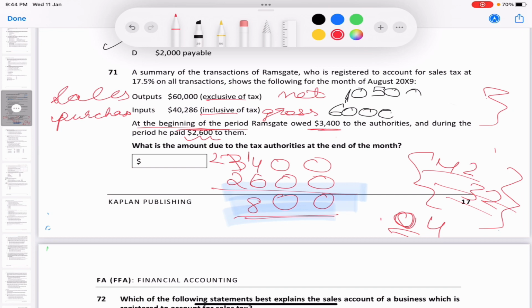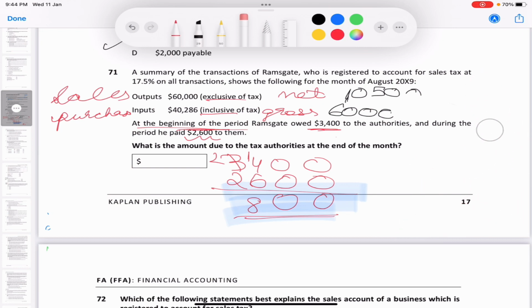Okay. So even if you write the answer with the decimal like we did earlier, that is also okay. But I'm just doing this to match it with the answer. So 10,500 minus 6,000 would be 4,500. Right. This is the net amount which is payable to the government. And 800 was due as well.